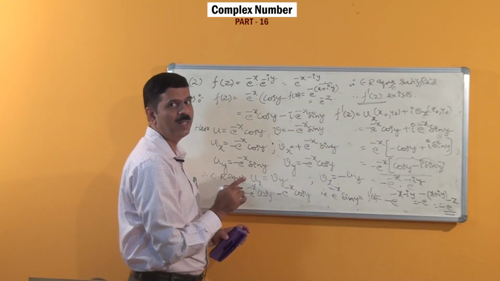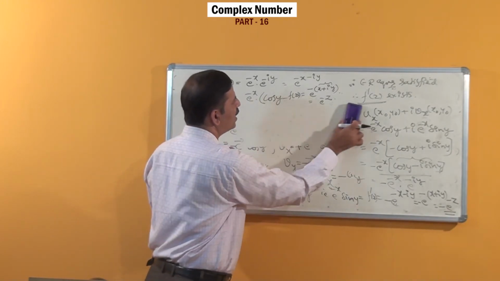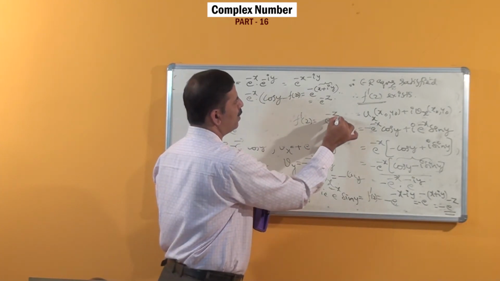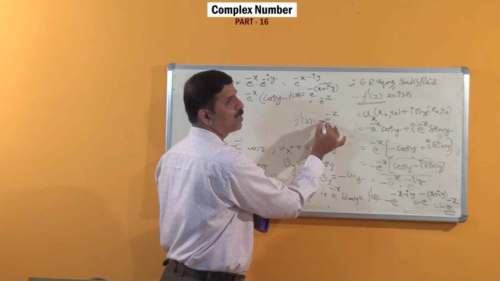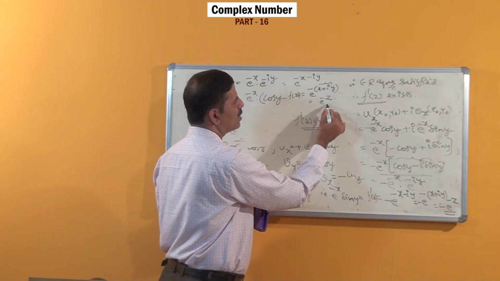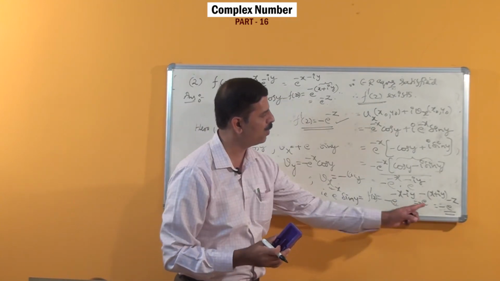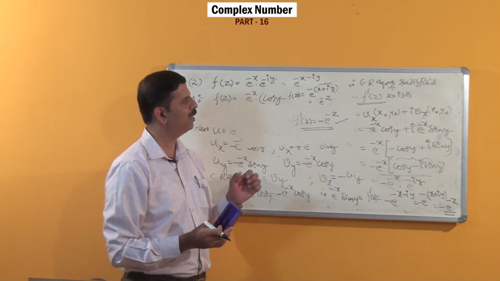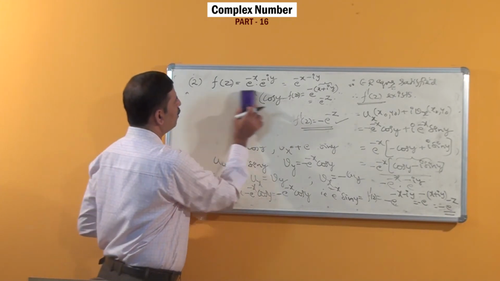So by your knowledge you can directly find the derivative also. f dash of z is e power minus z, and the derivative of minus z with respect to z is minus, so minus e power minus z. By using the CR equation also you get the same answer. In both methods you can find the derivative of the function. I will take one more example.